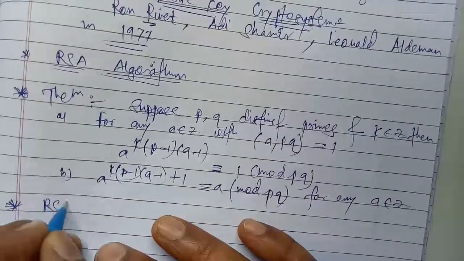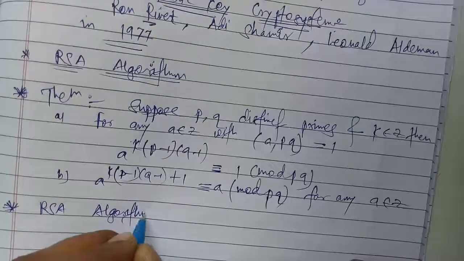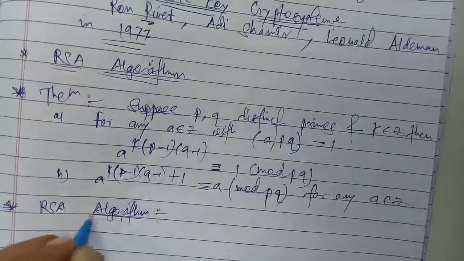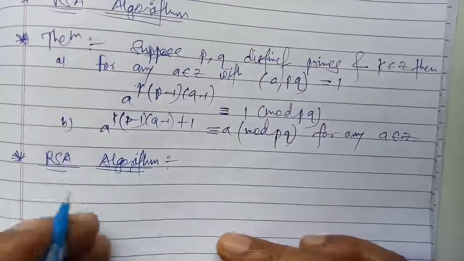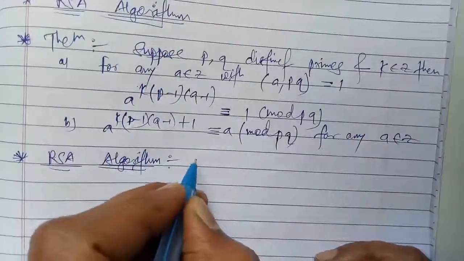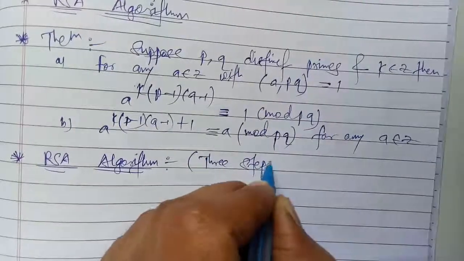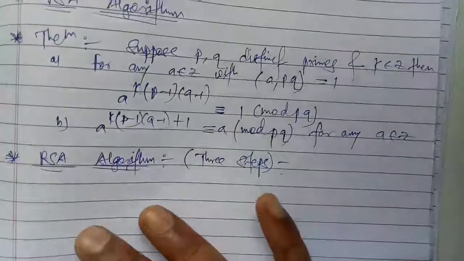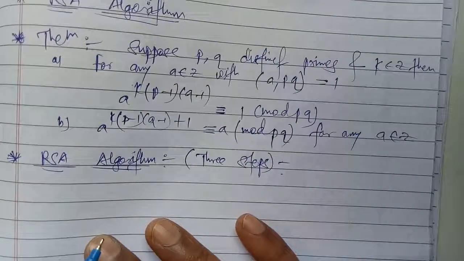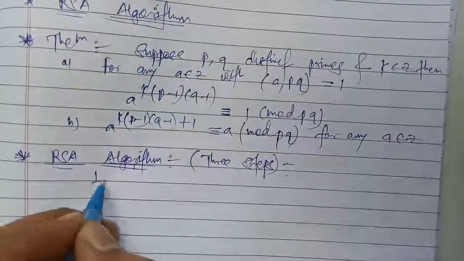Now we will discuss the RSA algorithm. There are 3 steps for your RSA algorithm, and that algorithm is called key generation.